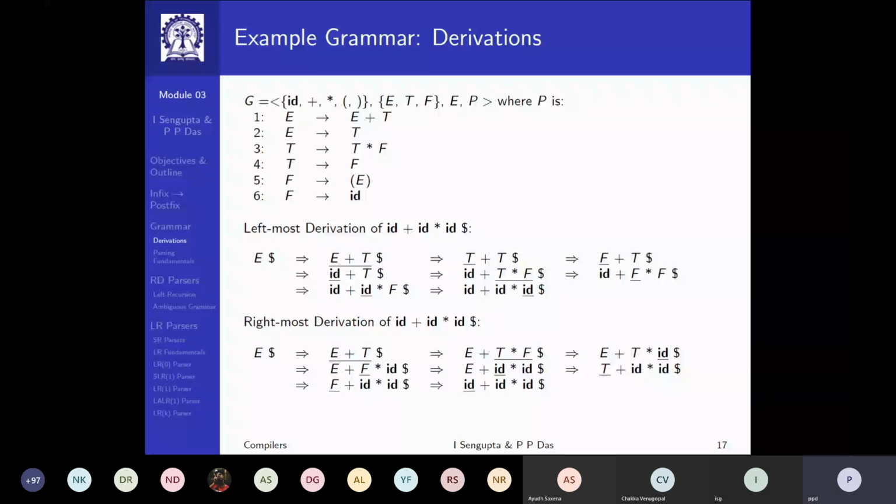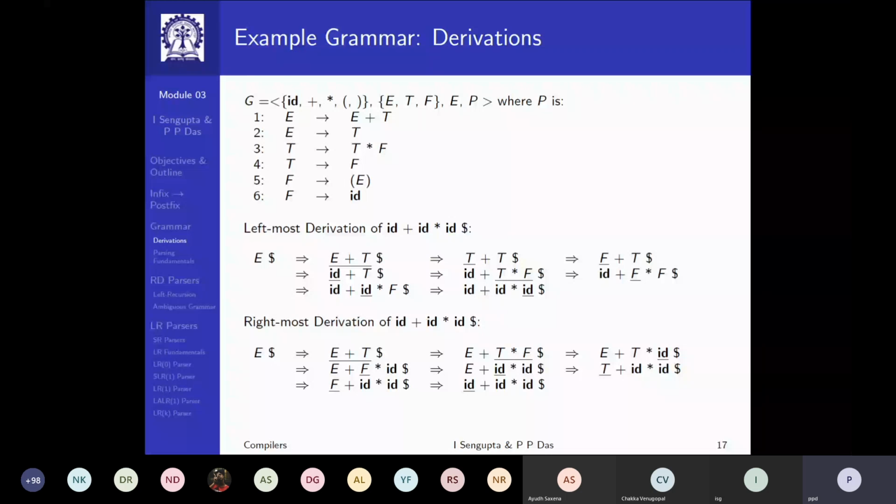And we will go in the reverse order from the sentence to the start symbol of the grammar. If we are able to get this sequence of replacements or reductions, getting back to the start symbol, we say that we have got the rightmost derivation, and this sentence is a valid string in the language of the grammar.